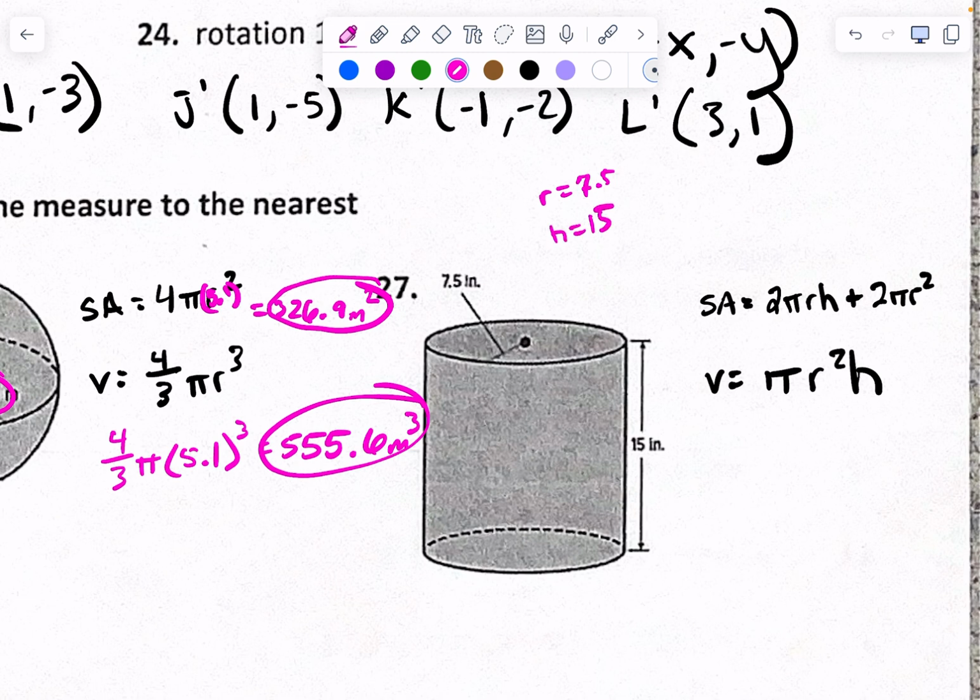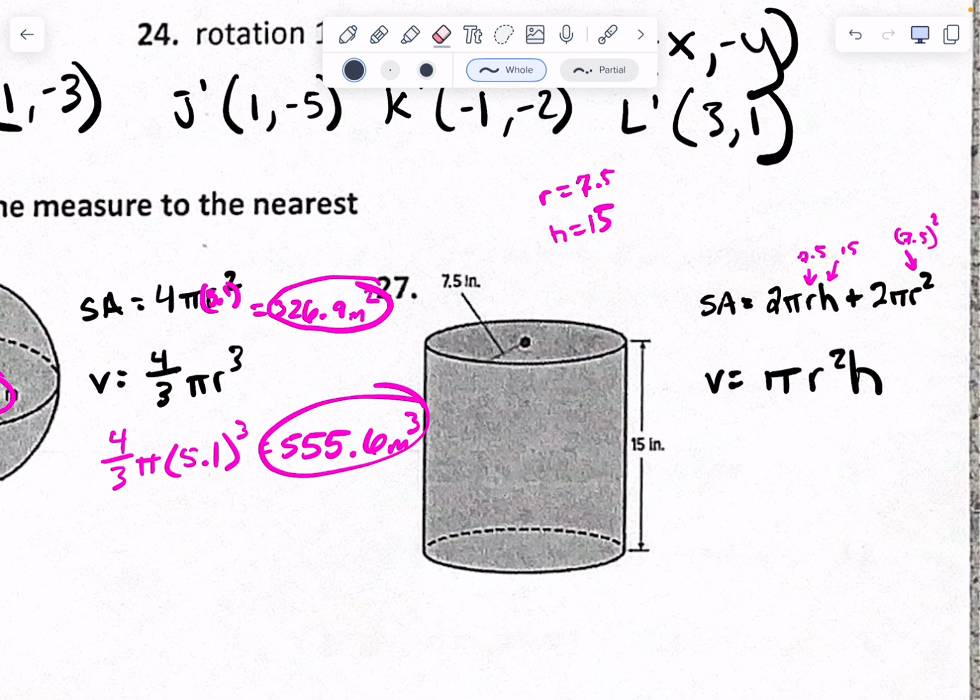That's it. Okay? I'm going to plug in 7.5 here. I'm going to plug 15 in here. I'm going to plug 7.5 squared in here. 2 times 7.5 times 15 times pi, you get 1060.